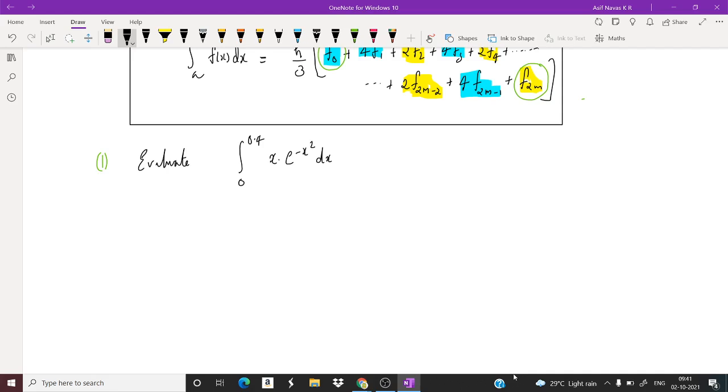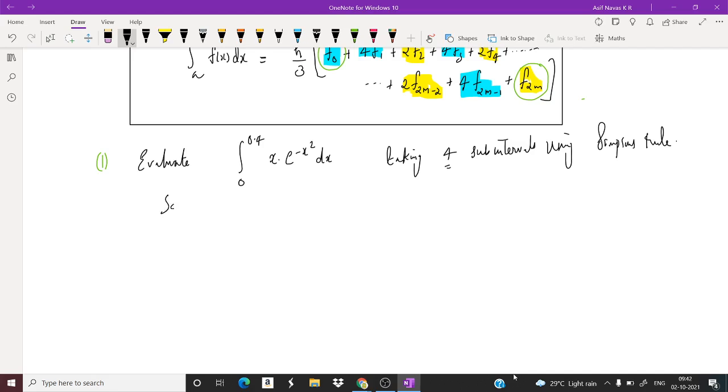This integration is difficult to perform, so we will take 4 subintervals using Simpson's rule. 4 subintervals means it is even.